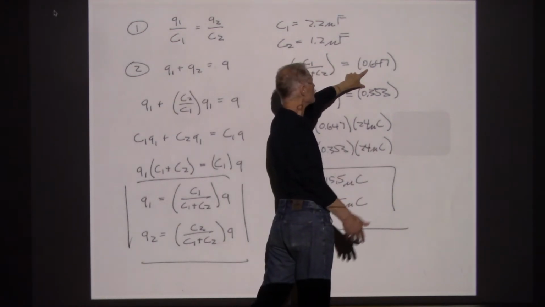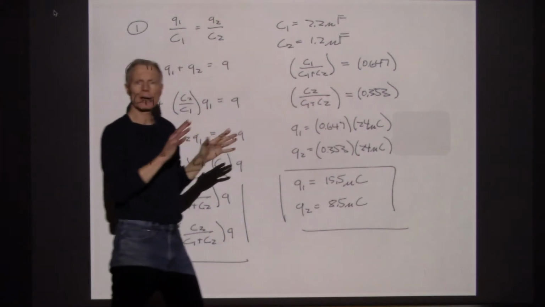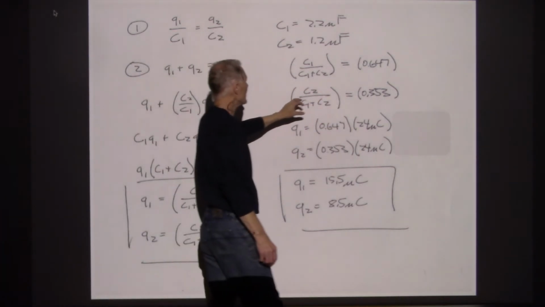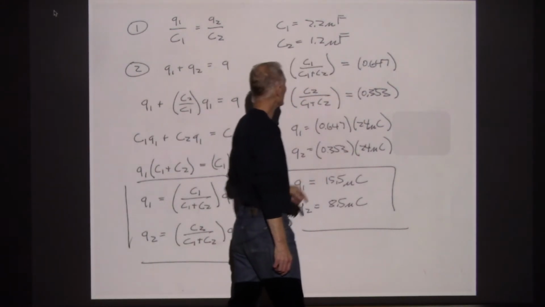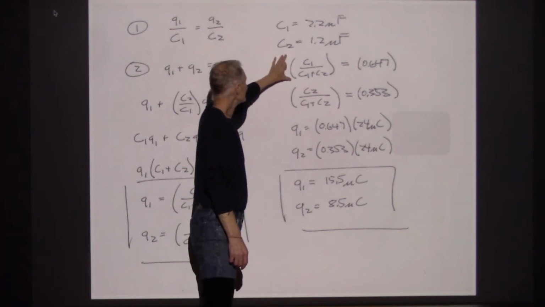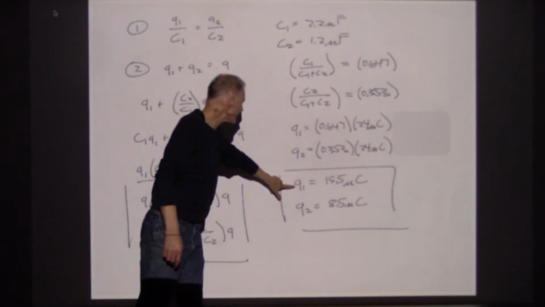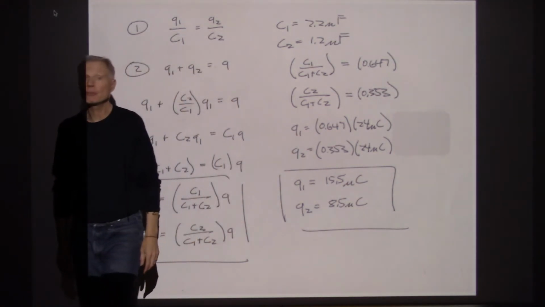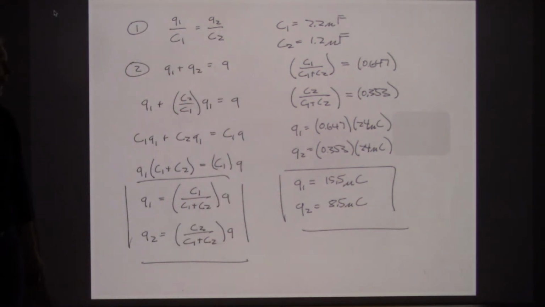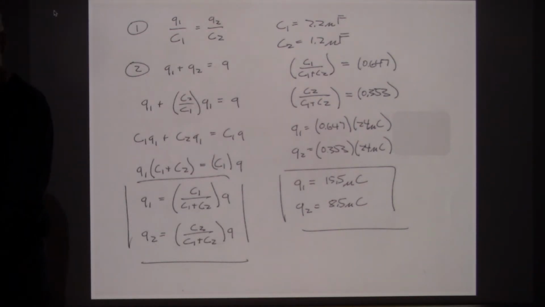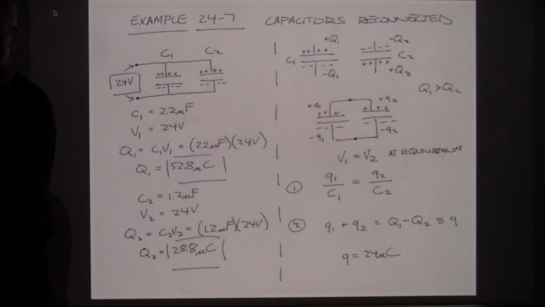About 65% of the charge will end up on capacitor 1, and about 35% on capacitor 2, based on the algebra we've done. Putting those numbers in, Q1 is going to end up at 15.5 and Q2 at 8.5, and if I add those together, they are 24. So that's a pretty interesting problem to take a look at here.